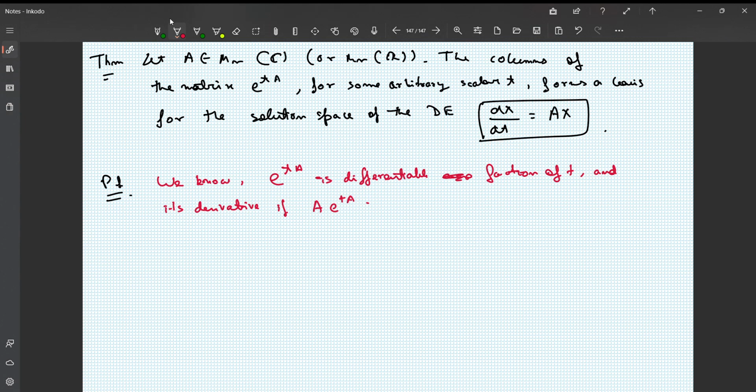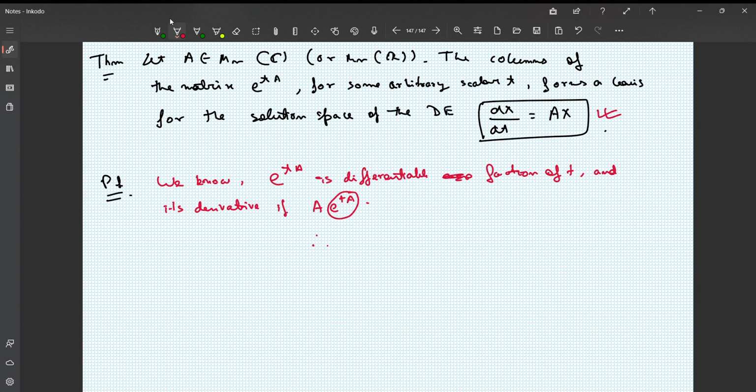Therefore, if the derivative of e to the power ta is of this form, then it clearly satisfies this. The columns of this will clearly satisfy this differential equation, because each column of e to the power ta comprises n cross 1 vectors.